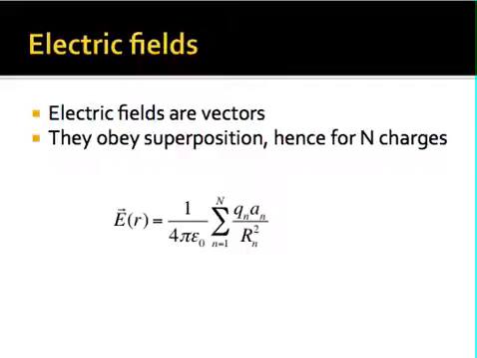This is going to be an important fact, because what this means is if there are sources that are distributed in space, the field is basically the superposition of the field due to each individual source. That'll have important repercussions in analyzing the EEG.